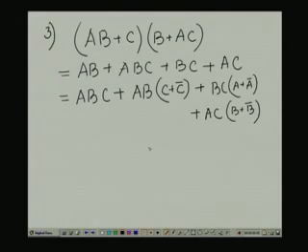See here AB, so the remaining literal C was not here. So I introduced C in such a way that C + C bar is 1. Similarly, A + A bar is 1, B + B bar is 1. So when A was not there, I took BC(A + A bar), similarly AC(B + B bar). That I have introduced.